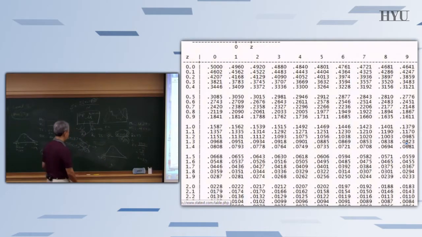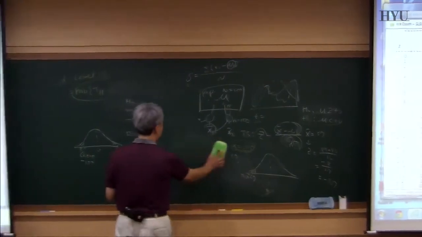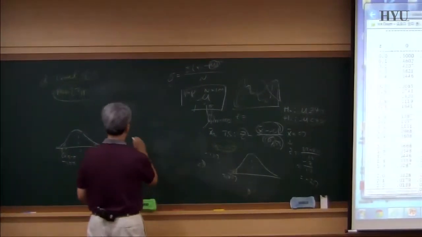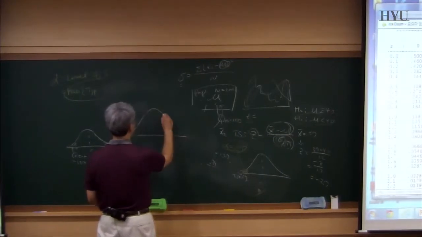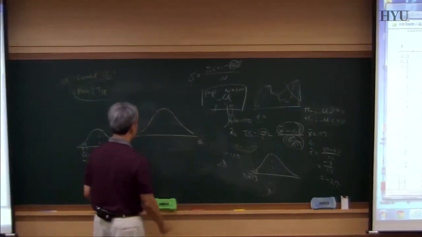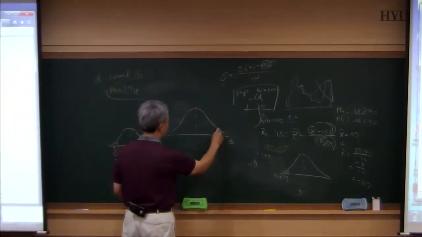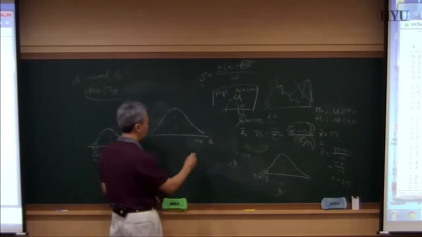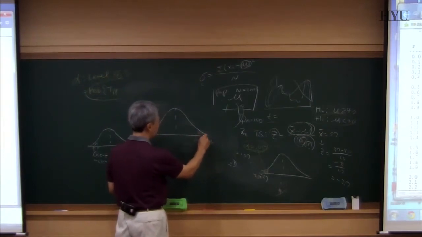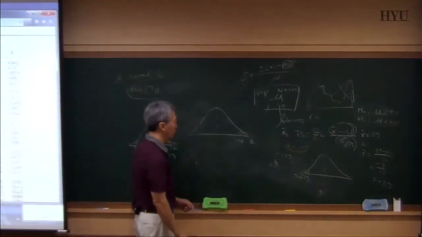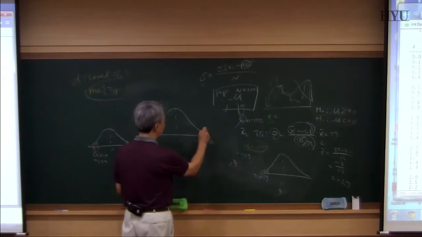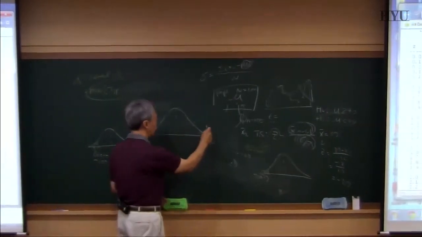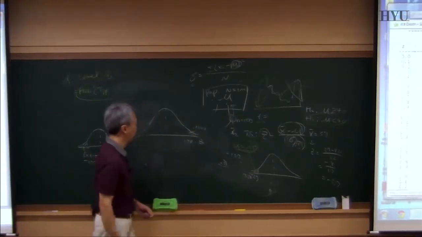So what that tells us is, when we have the z distribution, if you have 1.28, then the size of the area outside 1.28 is almost 0.1, 0.1003.